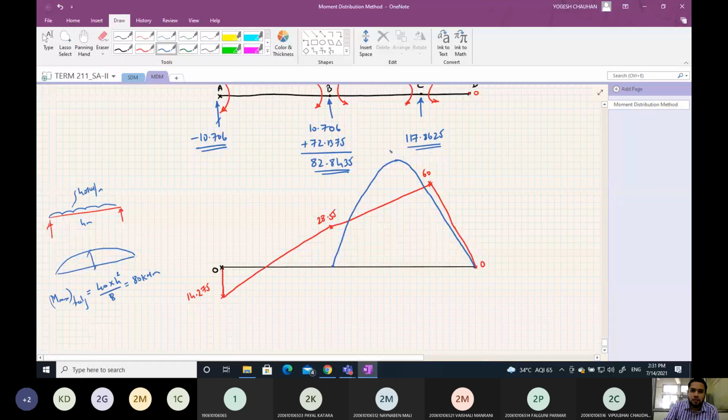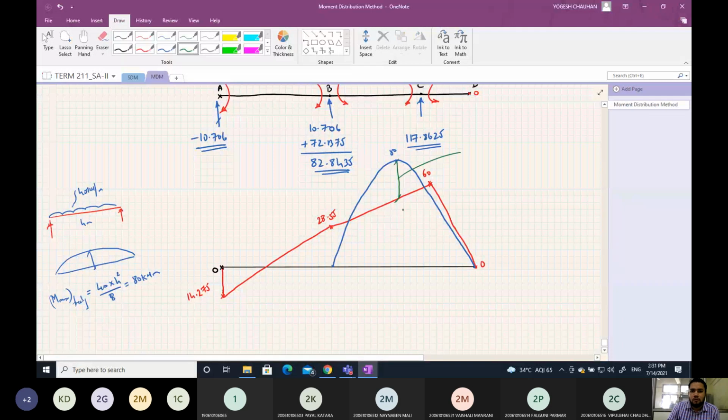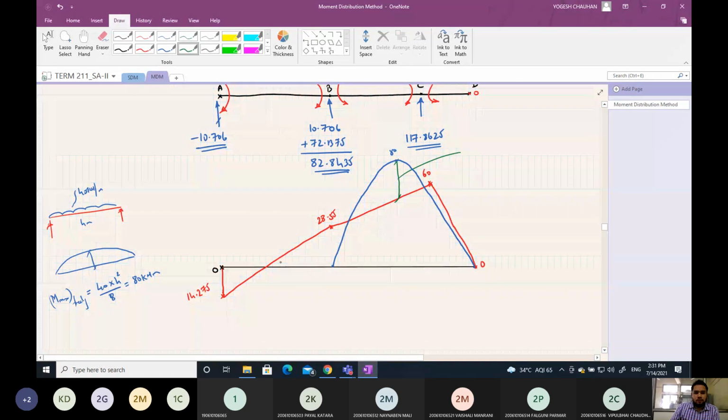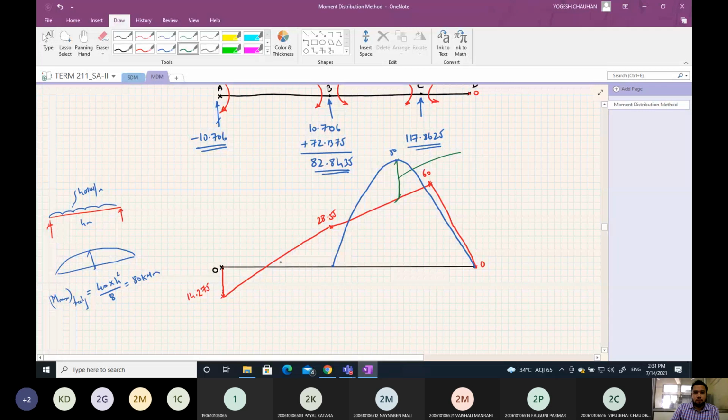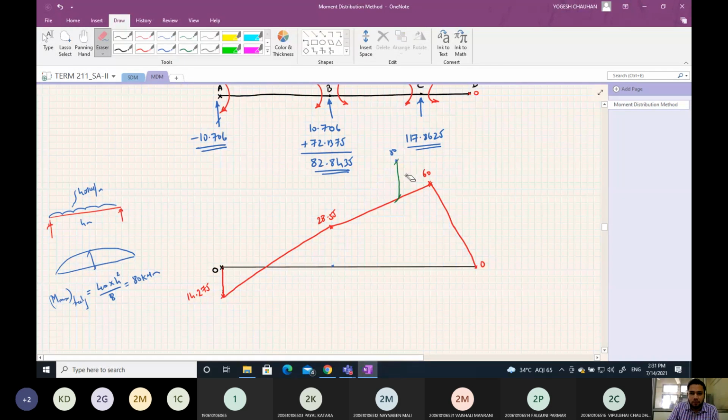So this is 80 kilonewton meter from here, but you have to interpolate this value also. So this is your bending moment diagram. Oh wait a minute, we have drawn it wrong.